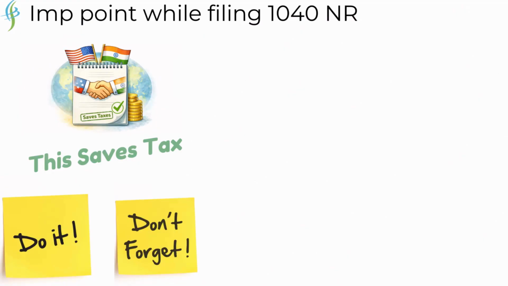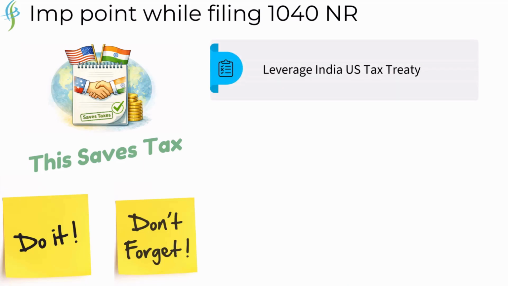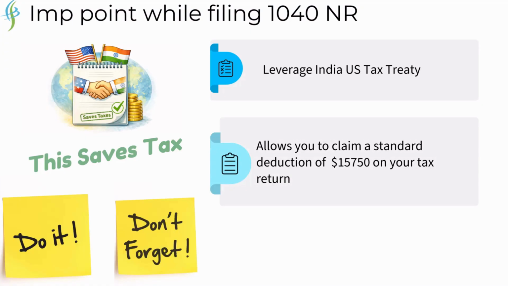Another important point to remember is to take the benefit of the India-US tax treaty while filing your taxes. Now, this treaty is a bilateral agreement signed between India and the US. This treaty allows you to claim the standard deduction while filing your taxes. For 2025, the standard deduction amount is $15,750.